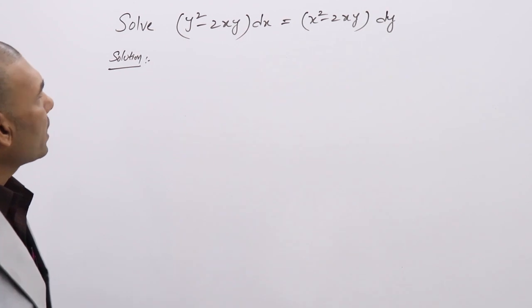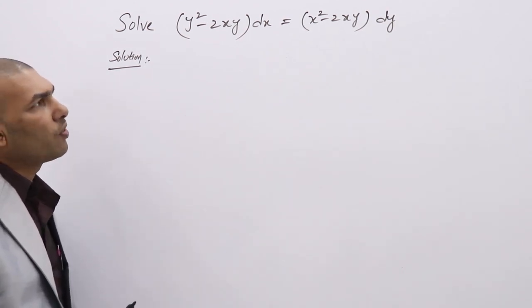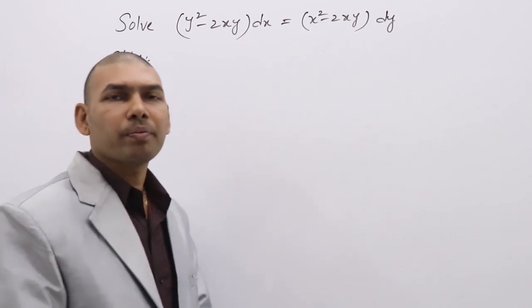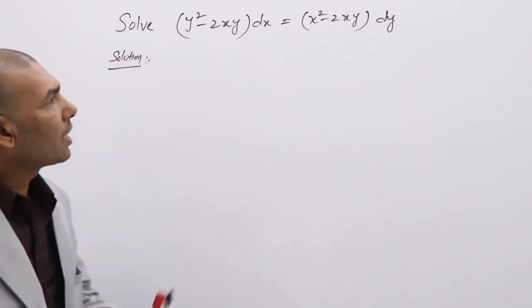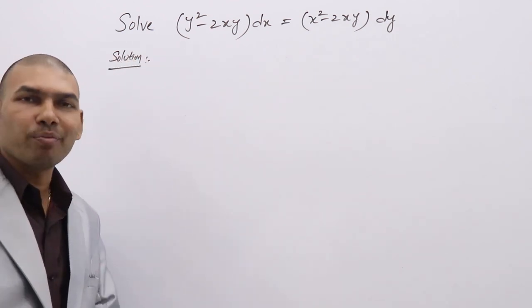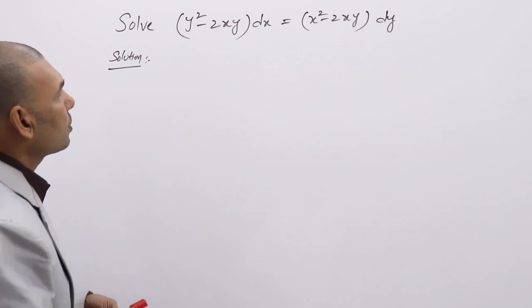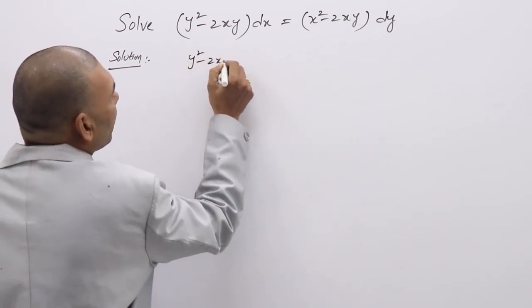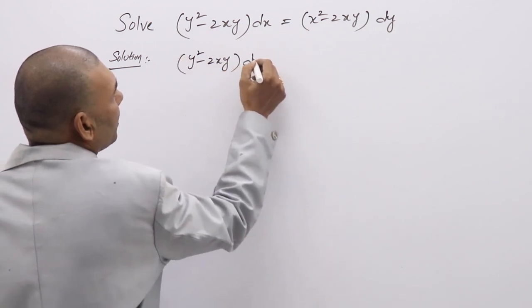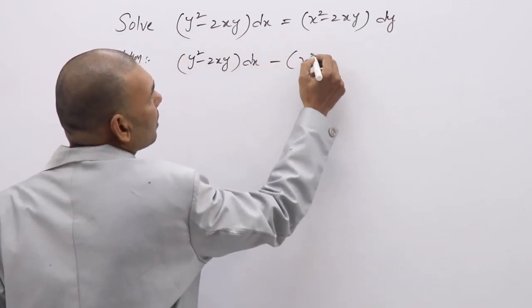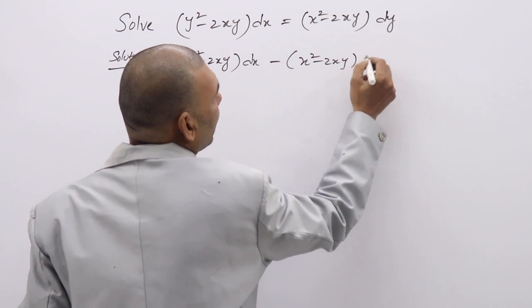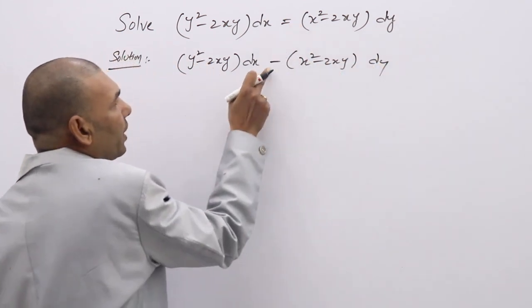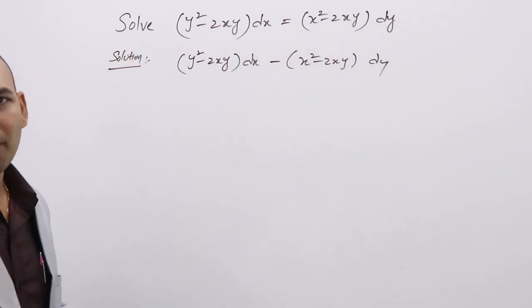Solve (y square minus 2xy) dx equals (x square minus 2xy) dy. First rearrange the given DE to get the exact M dx plus N dy form. So I am taking the RHS terms to the LHS: (y square minus 2xy) dx minus (x square minus 2xy) dy. Because this is plus, if you take it to the LHS, it will become minus.